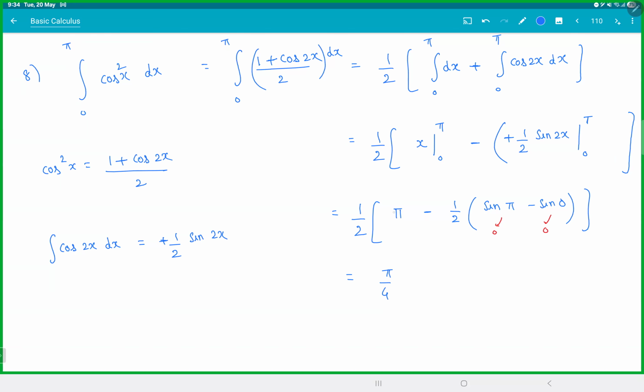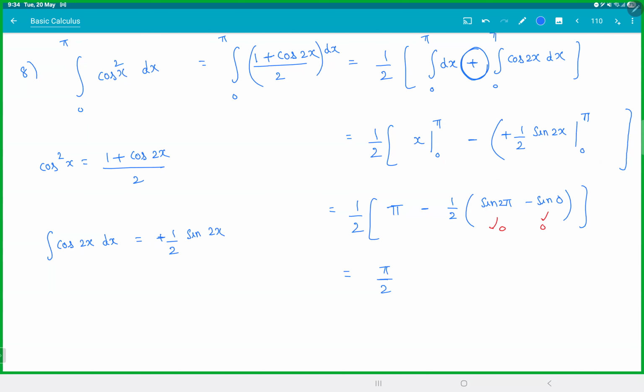Okay. This guy will be sine 2 pi. Interestingly, this is also 0 and this will be pi by 2. So the integration is entirely the same, but here instead of minus you get a plus now.